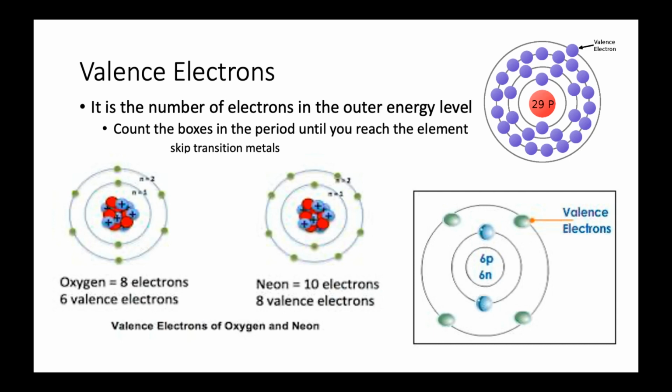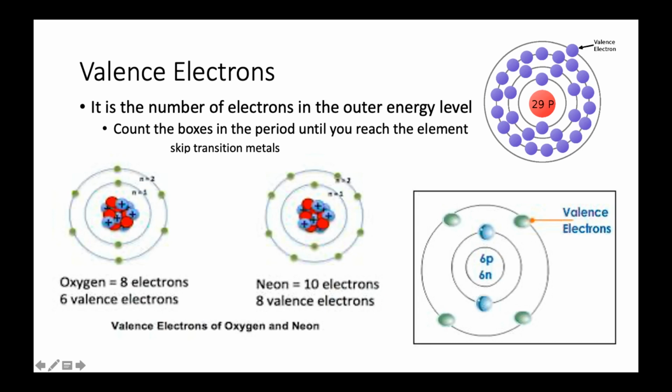So now let's go ahead and put the Bohr model with this so we can actually see what we're talking about. Here I have a Bohr model of oxygen, and we know oxygen has 8 electrons, where we place 2 of those electrons in the first energy level, and then 1, 2, 3, 4, 5, 6 electrons in the outer energy level.